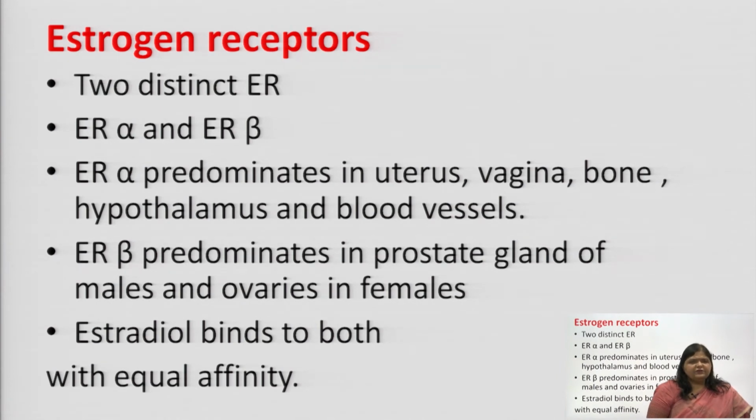So all the actions which we saw in the uterus, vagina, bone, hypothalamus or blood vessels are expressed through estrogen receptor alpha.